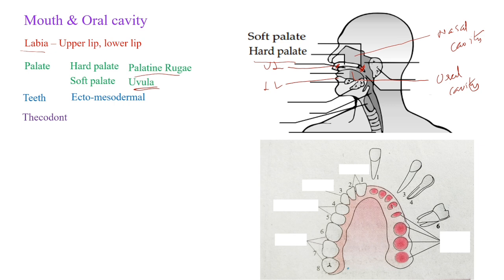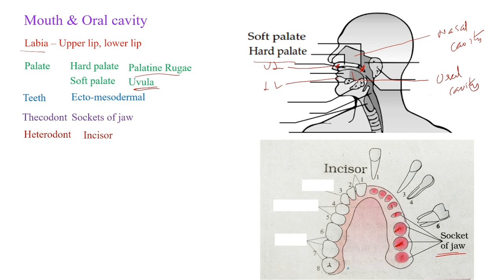The arrangement of teeth in the sockets of the jawbone is called thecodont dentition. Four different types of teeth are present in our oral cavity, so this type of dentition is called heterodont dentition.